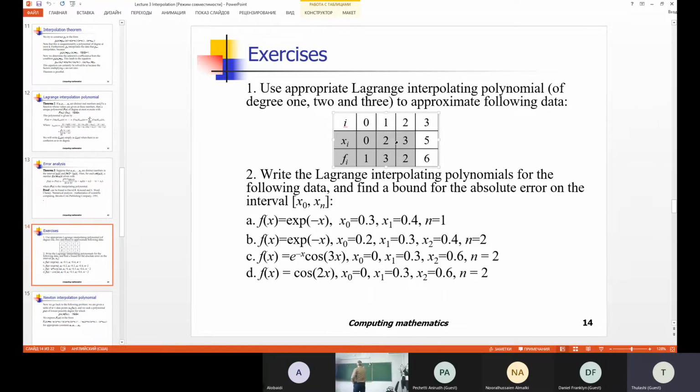Do it step by step. What do we find for the formula for L0? x squared minus 5x, plus 6. And again, we can check this result if we substitute.